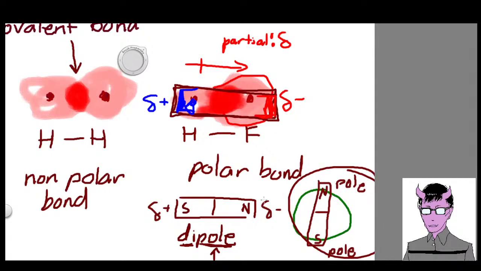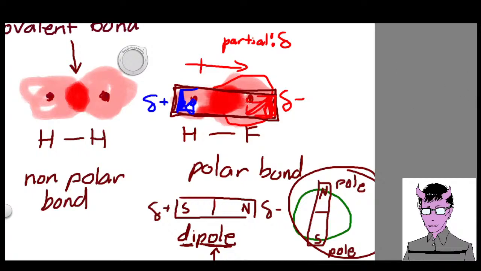Earth pole, dipole, polar bond, because of this electron tug of war between hydrogen and fluorine. Fluorine is super greedy, so it quote-unquote wins the electron tug of war on average more often than hydrogen. Way more often than hydrogen.